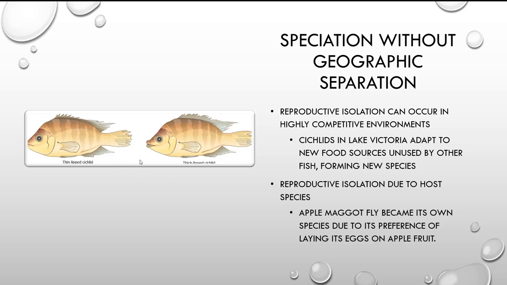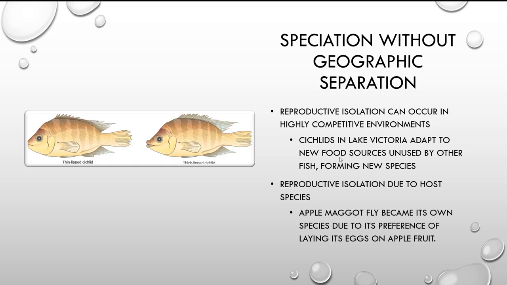And we think it's due to the fact that they're highly competitive. You have this one species of fish in this lake, and they have to come up with new resources to feed on. Otherwise, they're all going to outcompete each other and all die off.